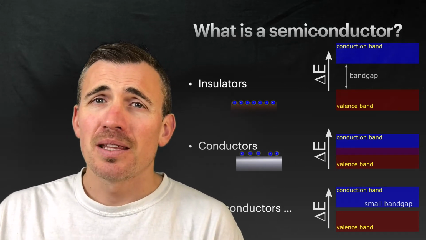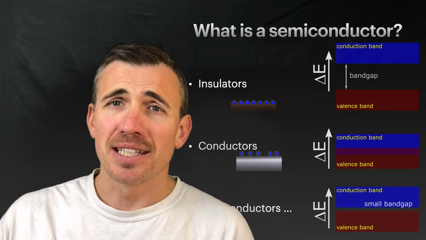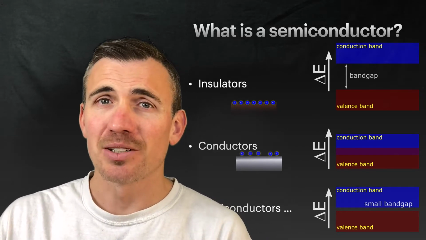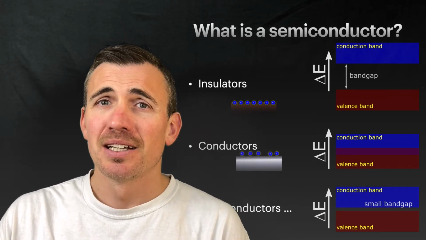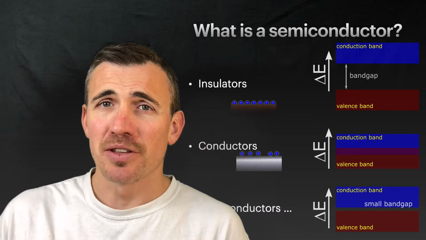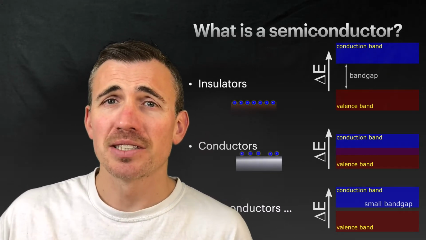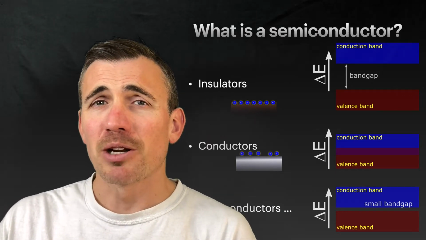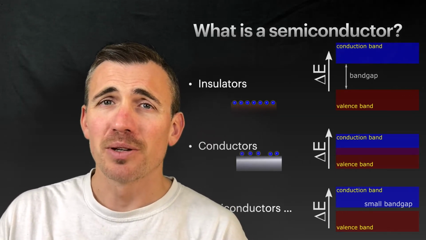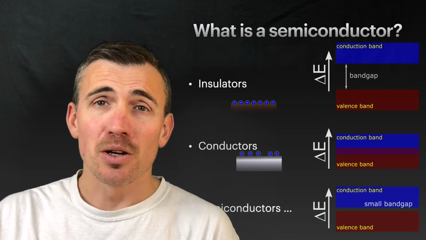So the energy of the electrons as they sit in their lattice, their local set of atoms, is called the valence band. That's the energy they're occupied. And we can also talk about the conduction band, the next level of energies that would correspond to zipping around and forming a current and being free. So an insulator has a large band gap.